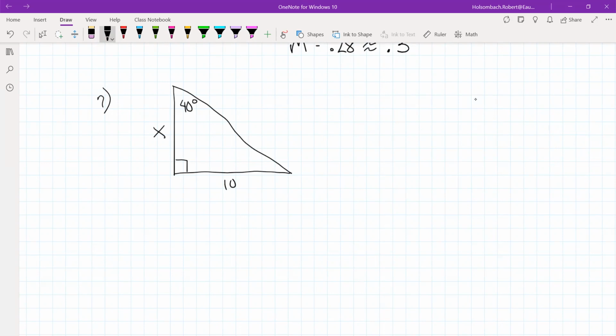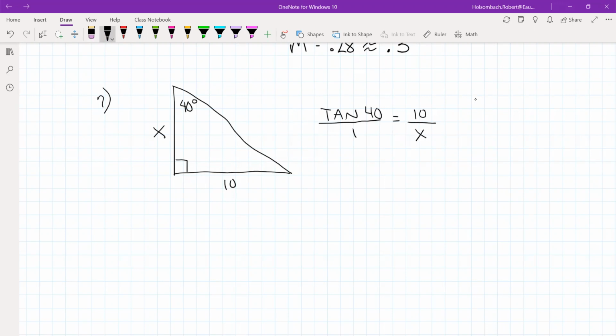We've got an opposite and adjacent. Tan 40 over 1 equals the opposite side X over the adjacent. Nope, made that mistake. Equals the opposite side 10 over the adjacent side X.